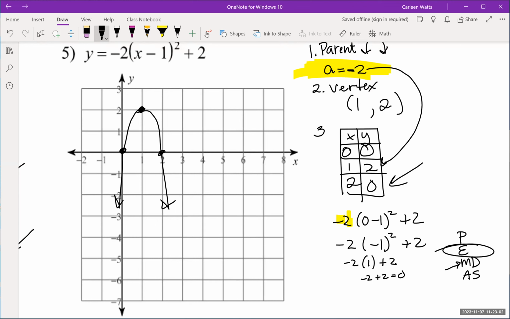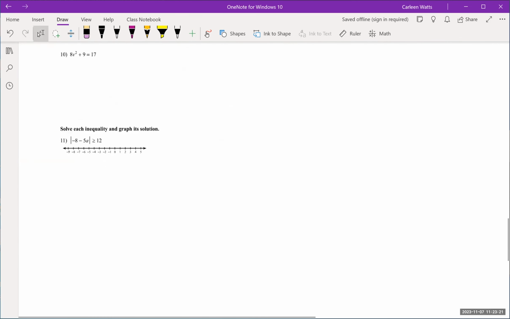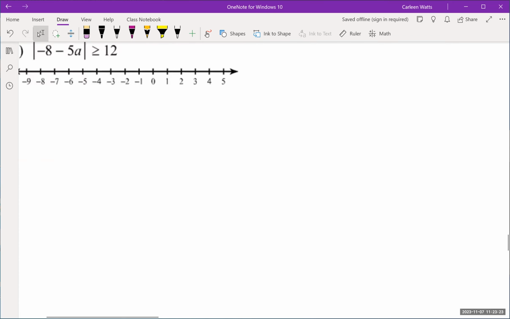See how you could see A in the table? You could also see A in the graph. Just in case on the test, you're given a graph and you have to tell me what A is. Okay. Let's do number 11.